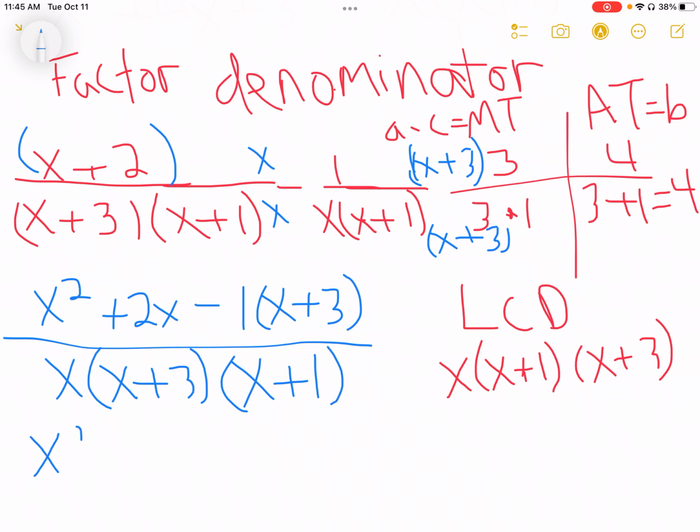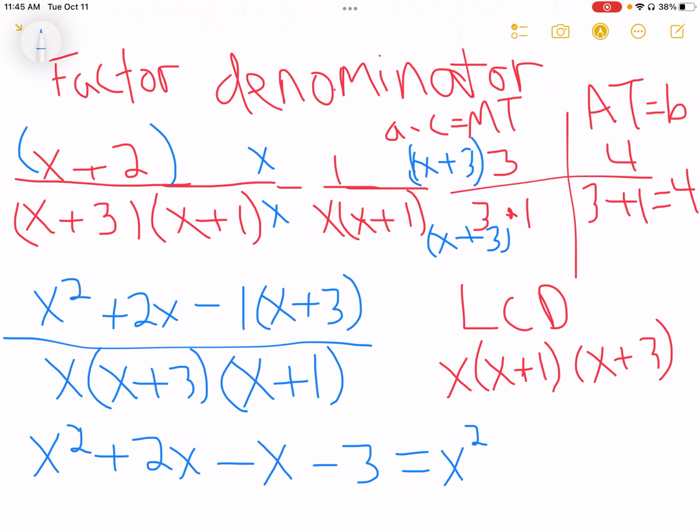Then I have x squared plus 2x minus x, and then I'll have minus 3, right? So that becomes what? Well, I can't combine any of my x squareds, right? I only have one of those. Then it becomes x squared, and then plus 2x minus x.